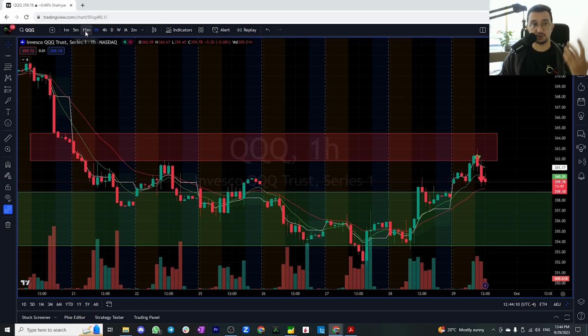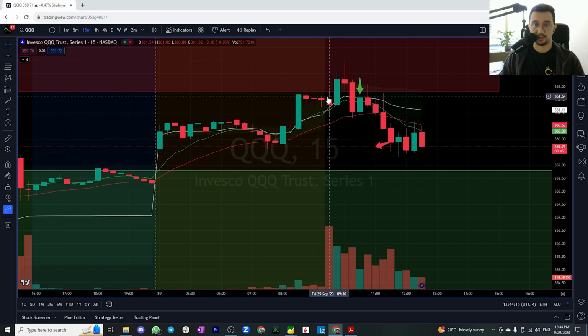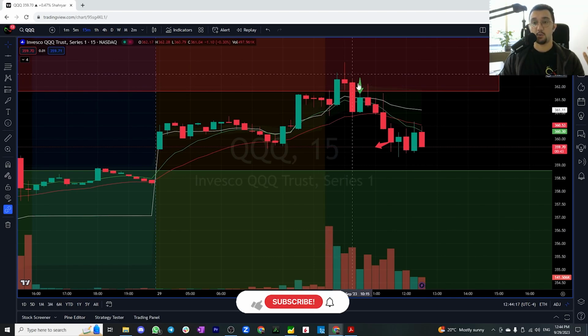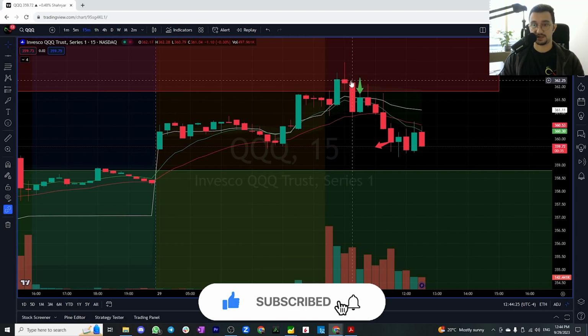So now if I zoom into the 15-minute chart, this is exactly what happened today. We pushed higher, went inside this resistance zone, but then around 10 a.m. the price got rejected. Sellers pushed the price all the way back below this whole zone.